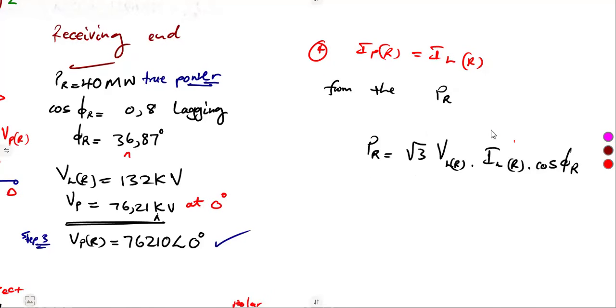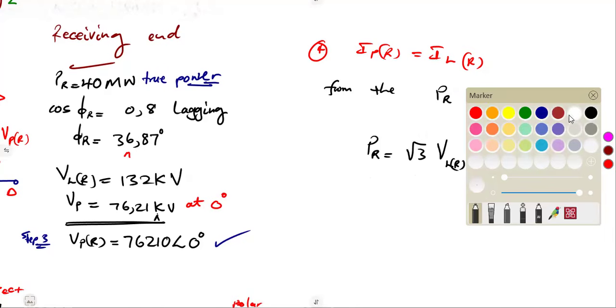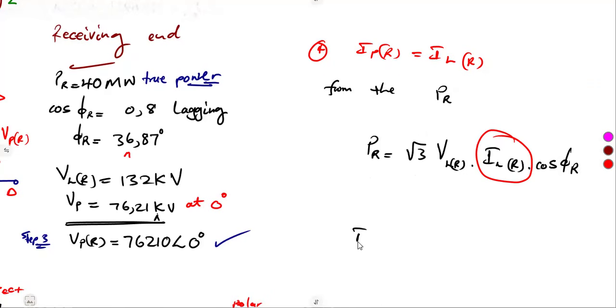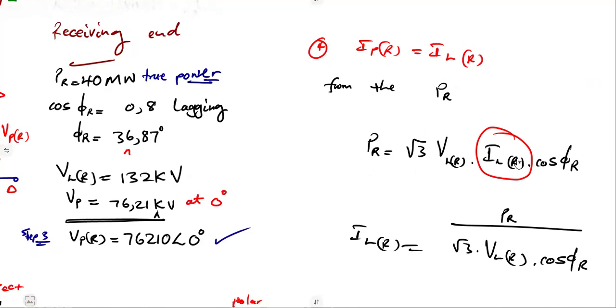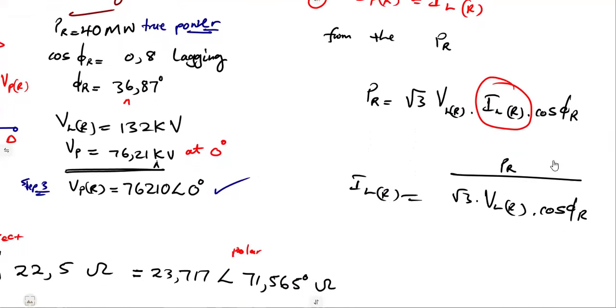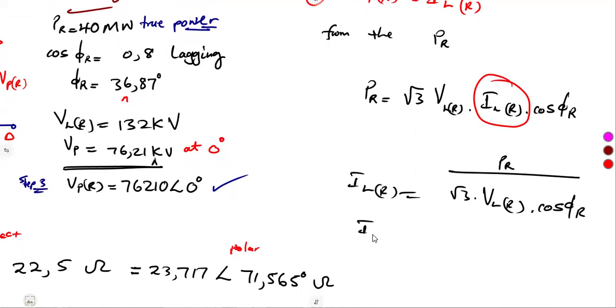As we need this current, simply divide: the current on the receiving end is going to be the true power over square root of 3 times the voltage on the receiving end times its power factor. Let us substitute the values that we are given there.